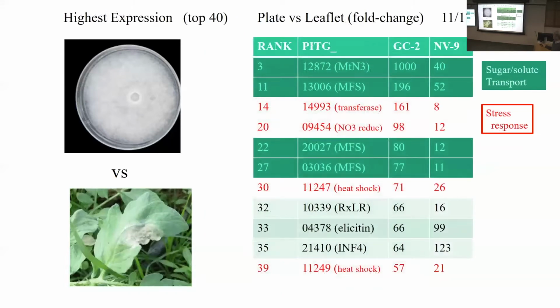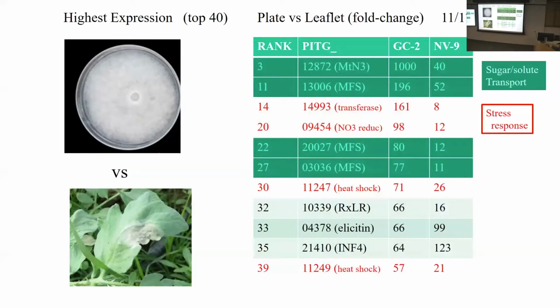We then looked at the highest expression, the top 40 genes. And again, the plate versus leaflet, the fold change. What I wanted to illustrate, these are the ones that are most highly expressed in plates. The ones with a green background, 3, 11, 22, and 27, represent sugar or solute transport, which is probably consistent with growing on a medium that contains a lot of sugar, which they did.